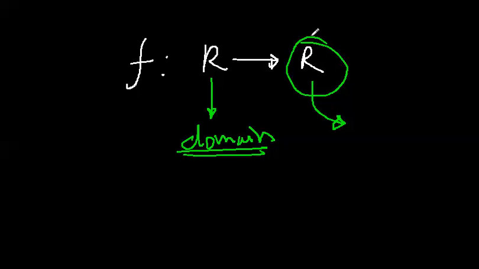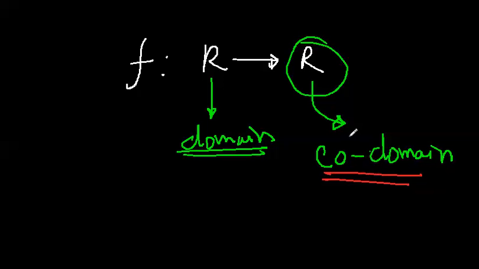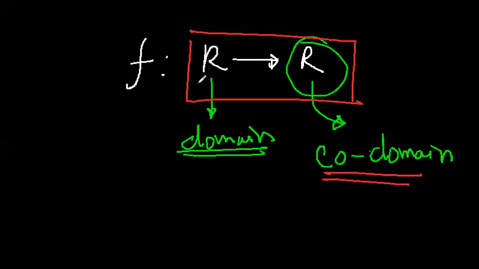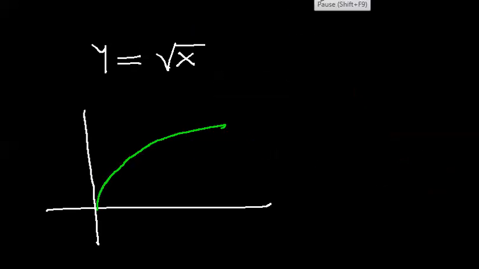There will be some values from this set which will be our output. This set we call our codomain, and the exact values which are present in this codomain are called the range. Every time a function will not be defined for all the real numbers to all the real numbers. Let's consider an example for that.